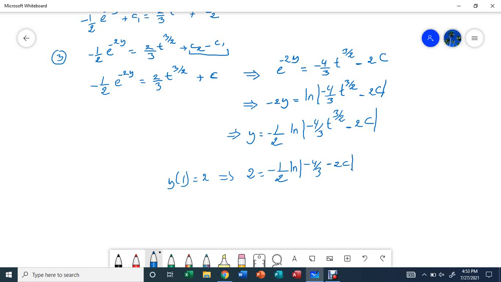And now multiplying by negative 2 again, so I get negative 4 on this side and natural log of negative 4/3 minus 2C.